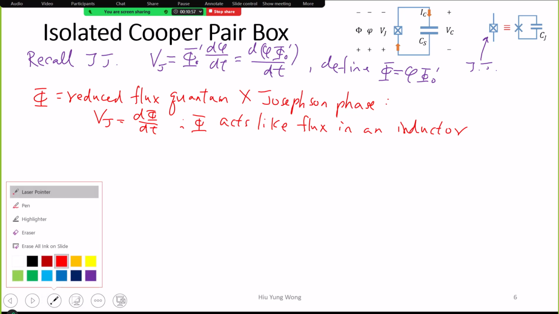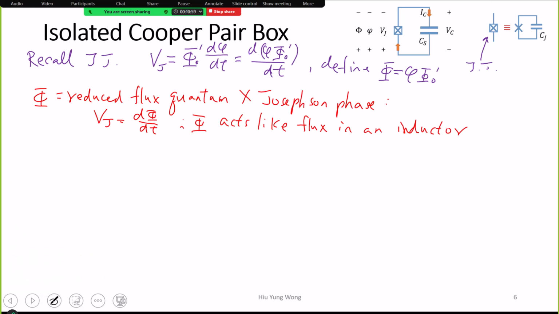If this is the case, then as we remember, flux is the generalized coordinate. So this is the generalized coordinate of the Josephson junction.